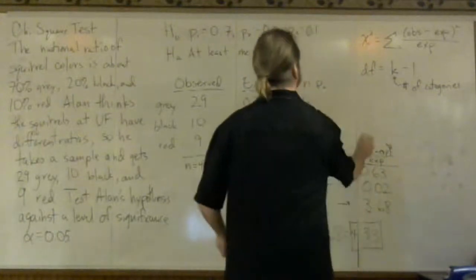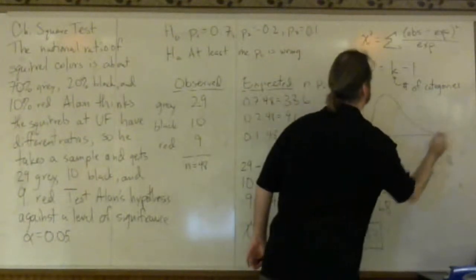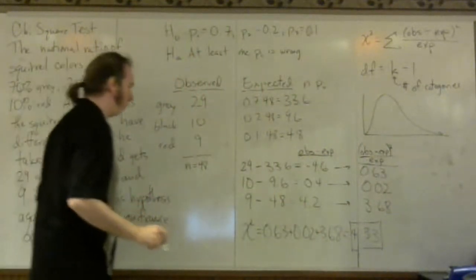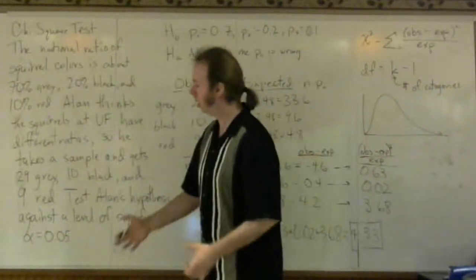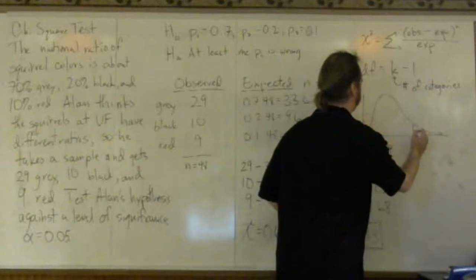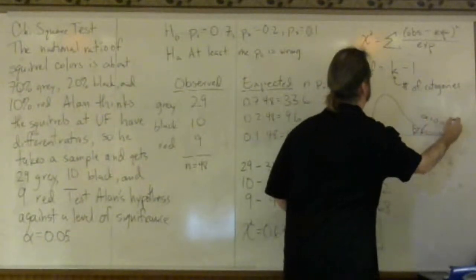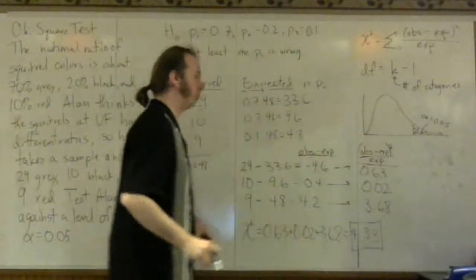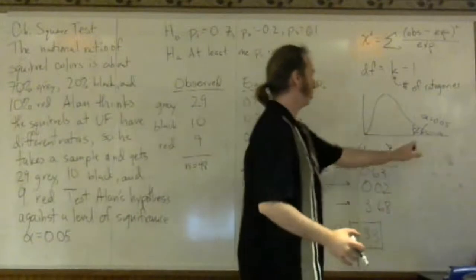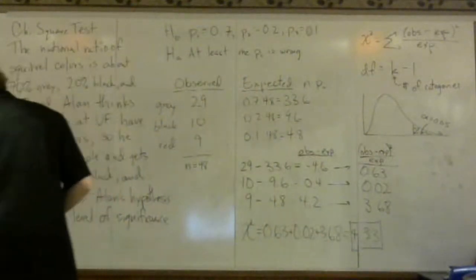My chi-squared distribution looks roughly like this. That alpha of 0.05 is that tail of that distribution, which is always on the right for these. So I've got a 5% probability in that tail. I want to know if my chi-squared statistic falls in that critical region or not.